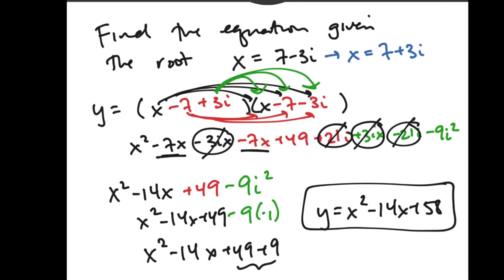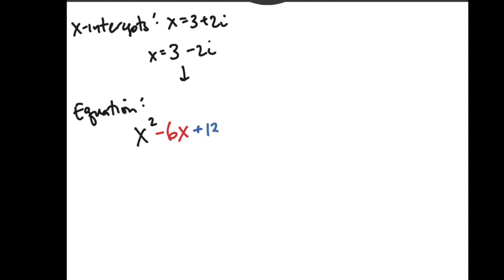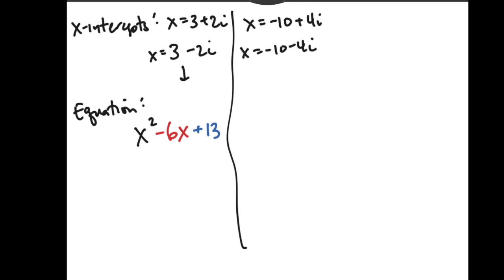So let's take a look at our answers and our equations so far. The first one that we had, x equals 3 plus 2i and x equals 3 minus 2i. And this answer was x squared minus 6x plus 13. The second one we had was x equals negative 10 plus 4i and negative 10 minus 4i.